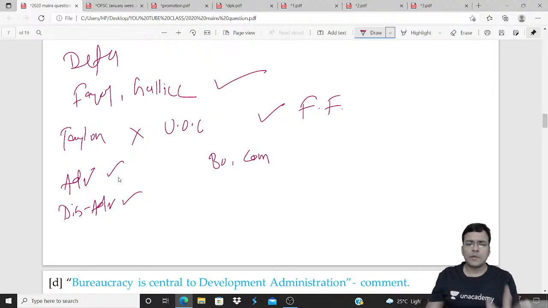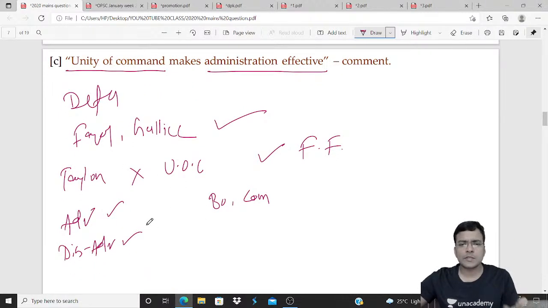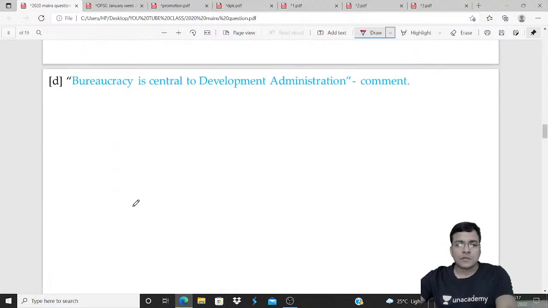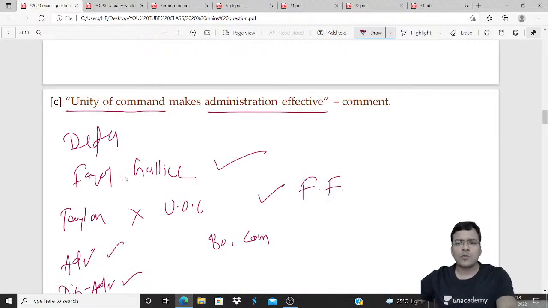You write everything. Okay. So Taylor, Fayol, Gulick, they will come, and board commission type, advantage, disadvantage, everything. And you give a touch of modern, means present day organizations. What do you feel? Are they following unity of command or not? You have to mention that. Yes, so this question is from Unit 2.